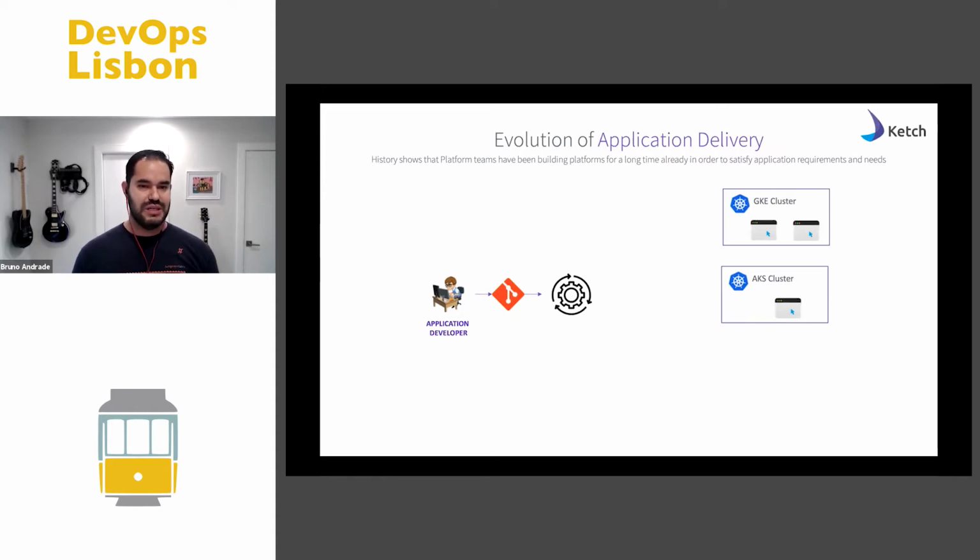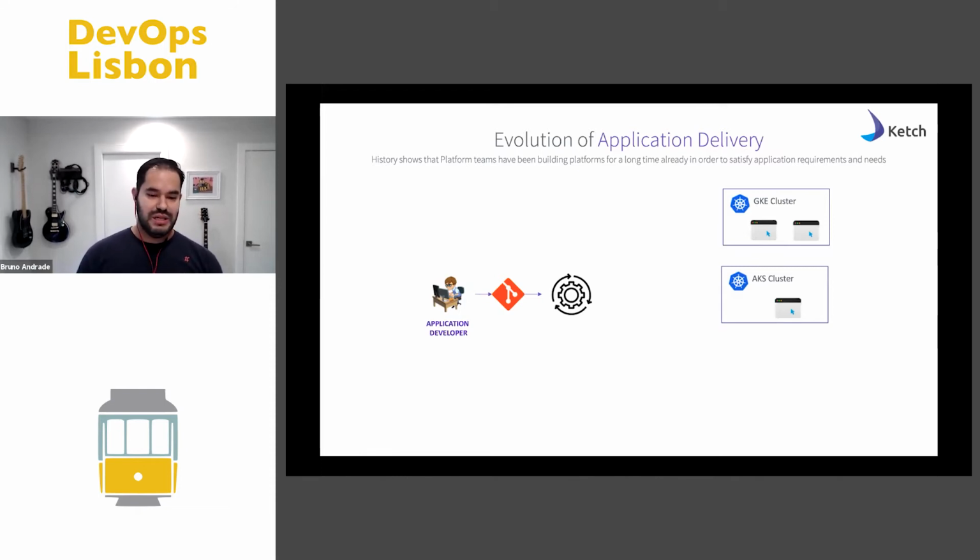And the reason why we did it is because if you look at the way most of the pipeline today is set up, you have a developer, you have your Git, GitLab, GitHub, or whatever you have in place today. You have your CI pipeline with Jenkins, Git Actions, and others, and you need to deliver your application on different Kubernetes clusters, right?